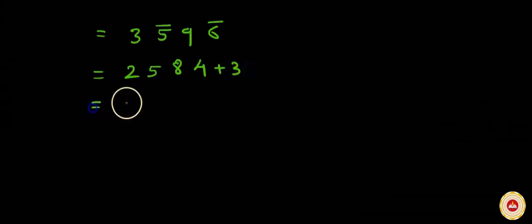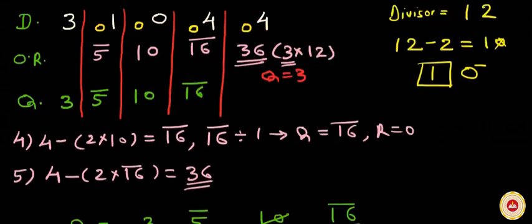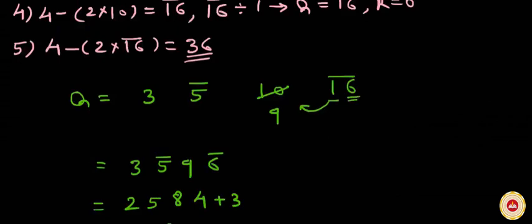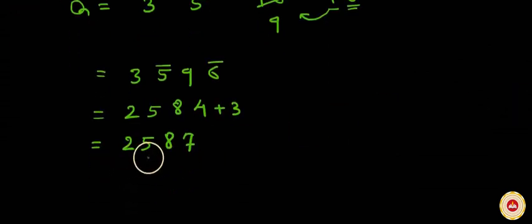You get 2, 5, 8 and 7. 2587. Okay friends, this is our final answer. It means friends, 31,044 divided by 12 is 2587.